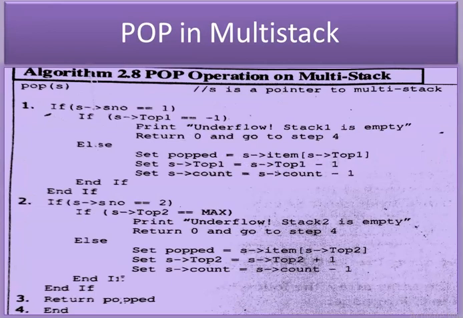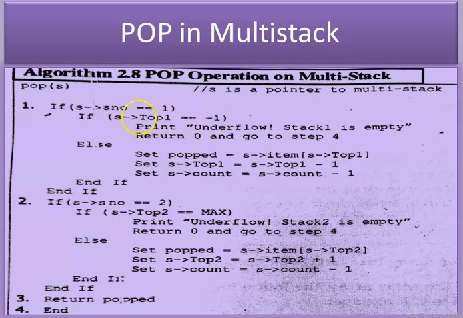Similar is the case with the pop operation. We can pop from either the left side or the right side. It depends on the value of S number. If S number is equal to 1, we are popping a value from the left side. For that we will be checking whether it is an empty stack towards the left.